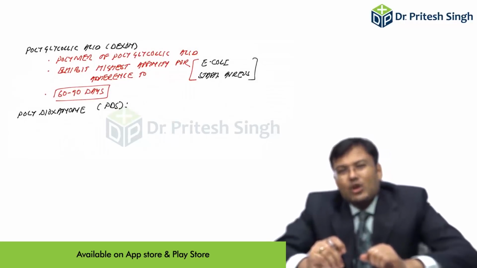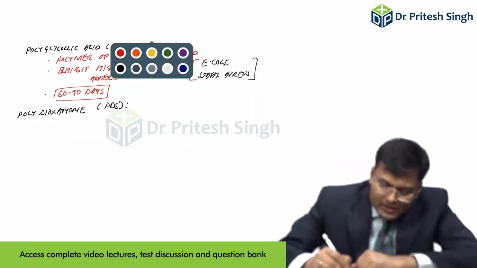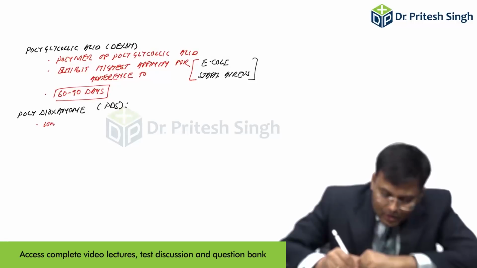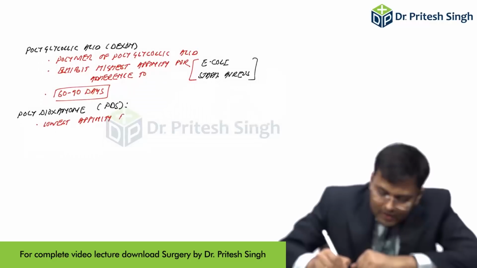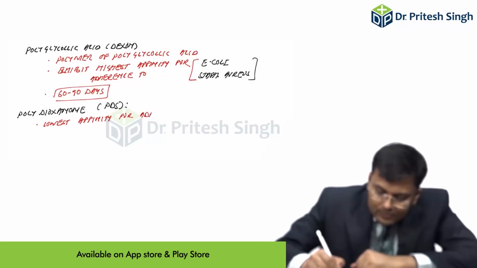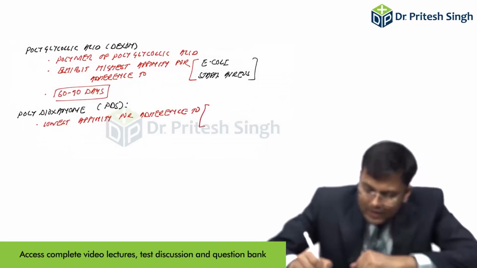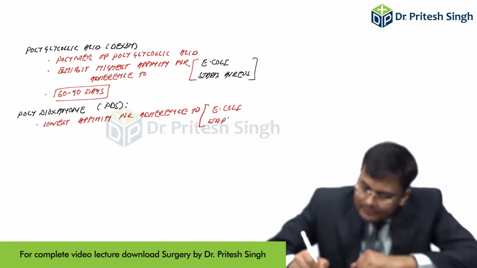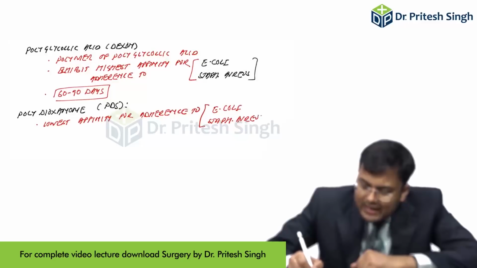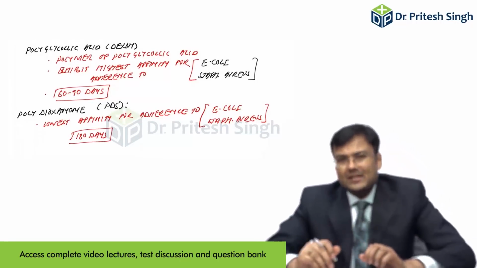Polydioxanone exhibits the lowest affinity for adherence to E. coli and Staph aureus. And the question is asked, in how many days is it absorbed? It's absorbed in 180 days.